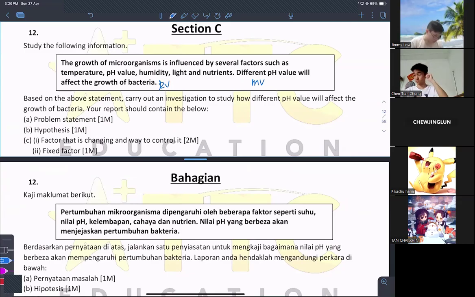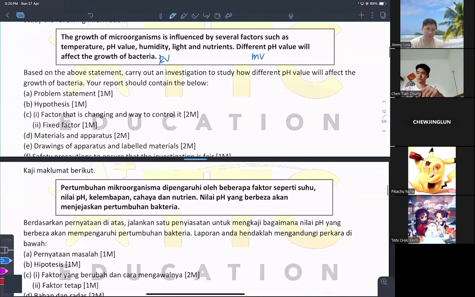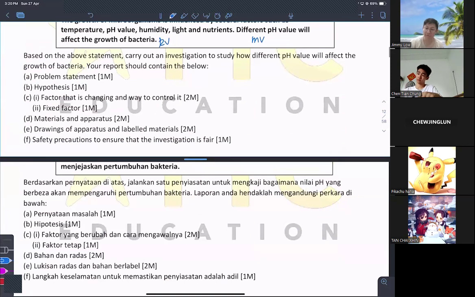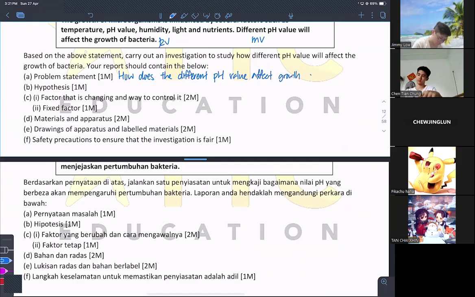So the question asks you to carry out the experiment, blah, blah, blah. Doesn't matter. Problem statement. The way to answer is how does the MV affect the RV? Same lah, you just copy and paste. So the format is: how does the different pH value affect your growth of bacteria?